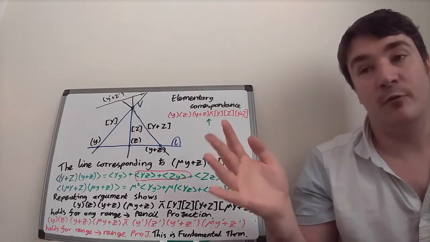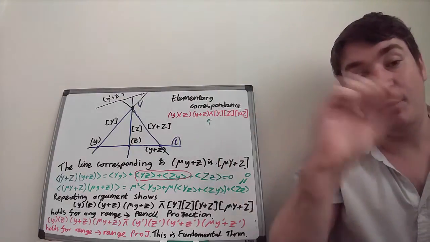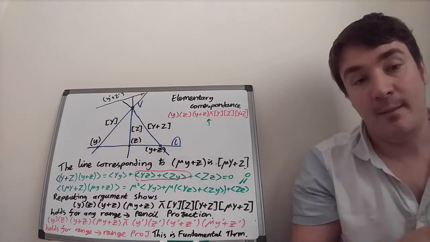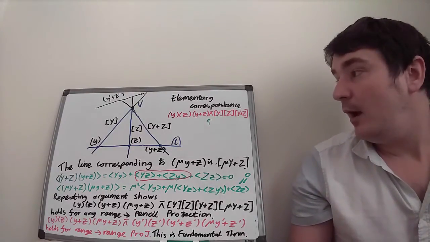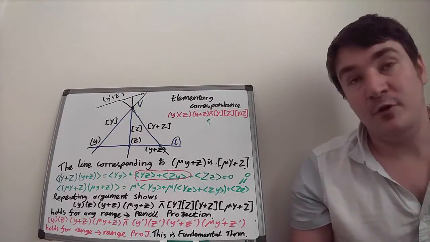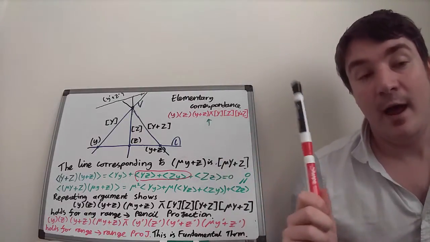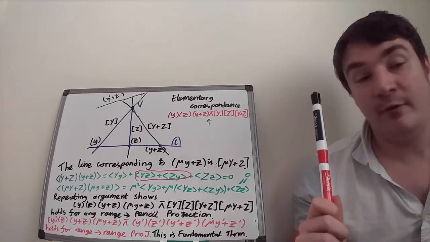By a one-dimensional form, I mean either the set of points on a line or the set of lines for a point. Okay? So a projection from such a 1D form to a 1D form is a composition of elementary correspondences. An elementary correspondence is something very simple.